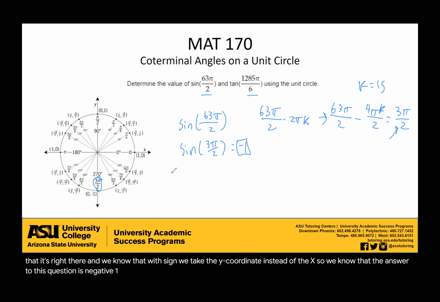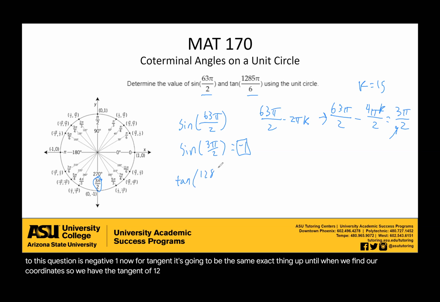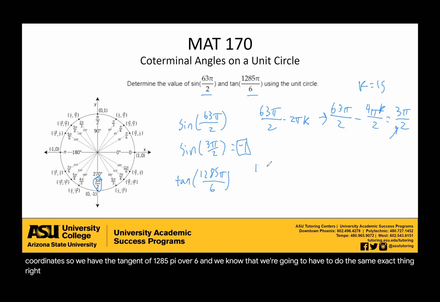Now for tangent, it's going to be the exact same thing up until when we find our coordinates. So we have the tangent of 1285 pi over 6. We're going to have to do the same exact thing. We're also going to have to find common denominators as well.